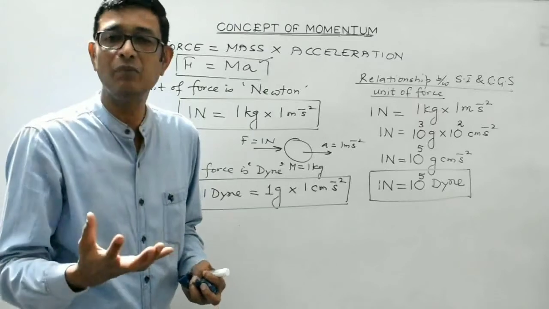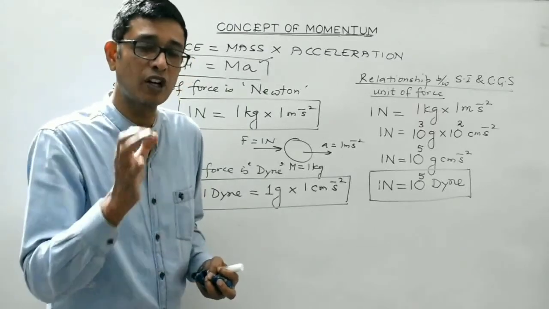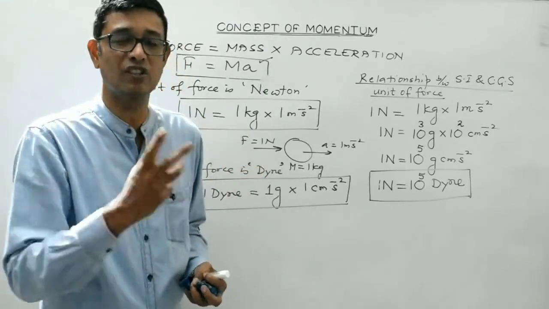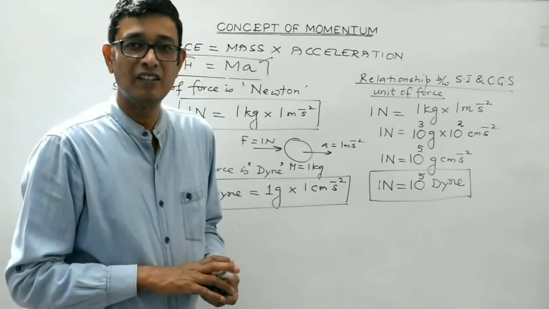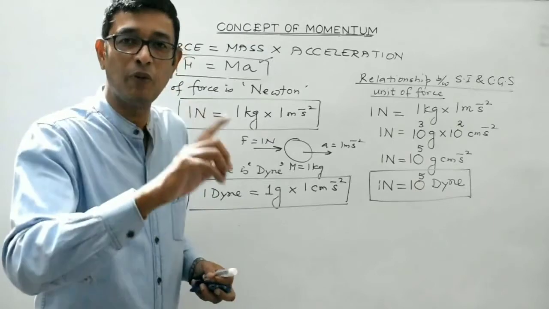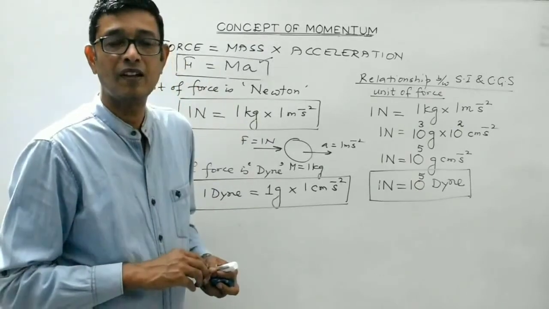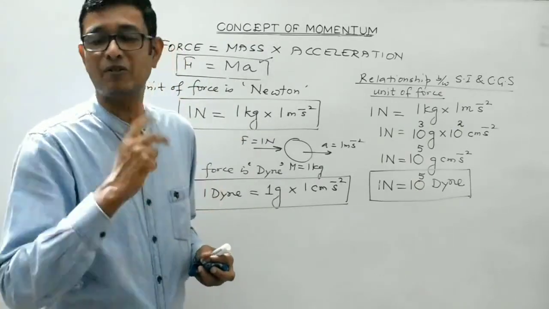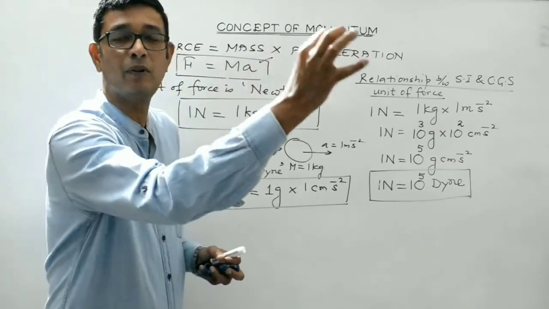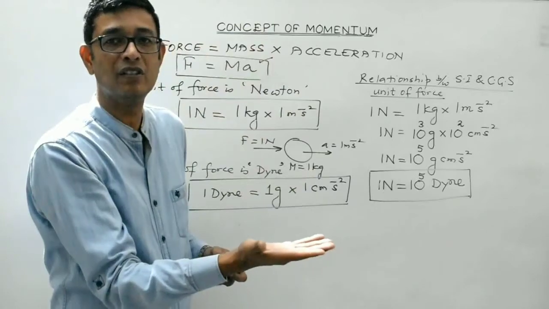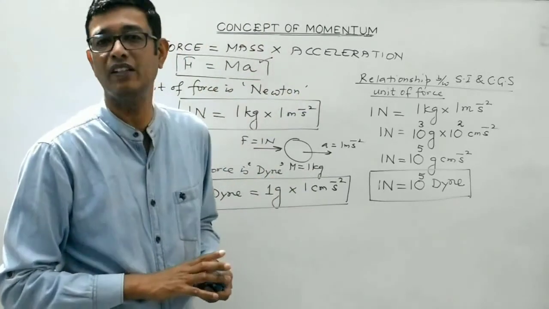So quantitatively, momentum of a body is defined as the product of mass of the body and its velocity. And thereafter we have discussed the change in the momentum of the body. Change in the momentum of a body is final momentum minus initial momentum. Then we have discussed time rate change in the momentum of the body. Time rate change in the momentum of the body is change in the momentum of the body divided by time during which that change has taken place.